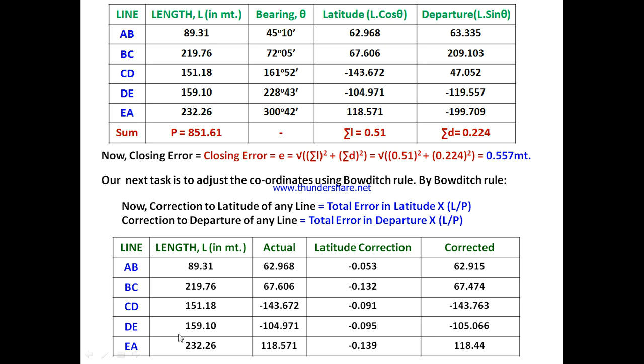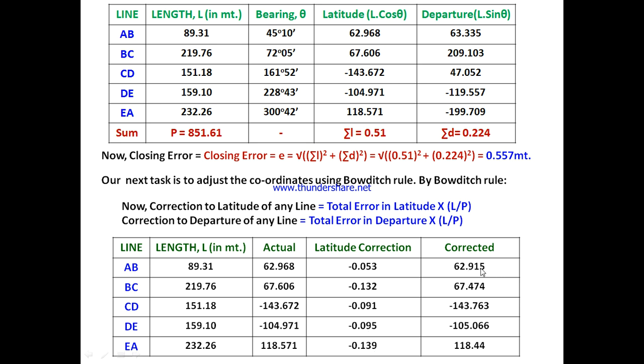In this manner you will get the value as 0.095. Since all the errors are in the positive direction, both latitude and departure, all the corrections we are going to make in latitude and in departure are negative.